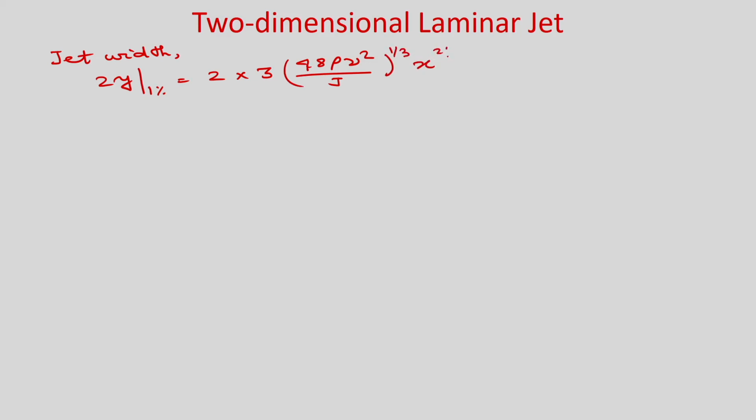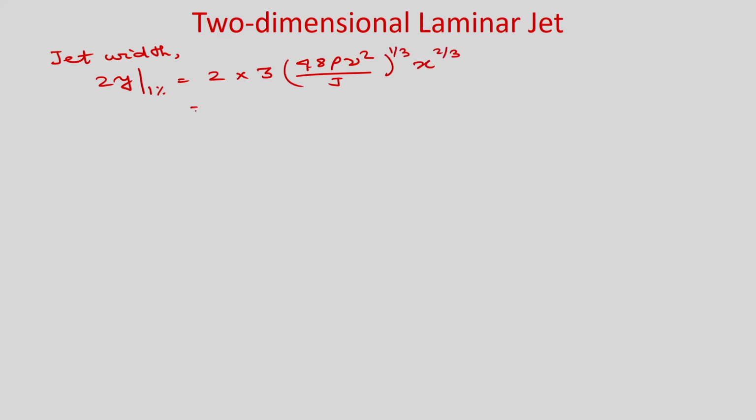So, from here you can find the jet width as 2y where u becomes 1% of u max, as 2 into 3 times (48 rho nu square divided by j) to the power 1 by 3 x to the power 2 by 3.